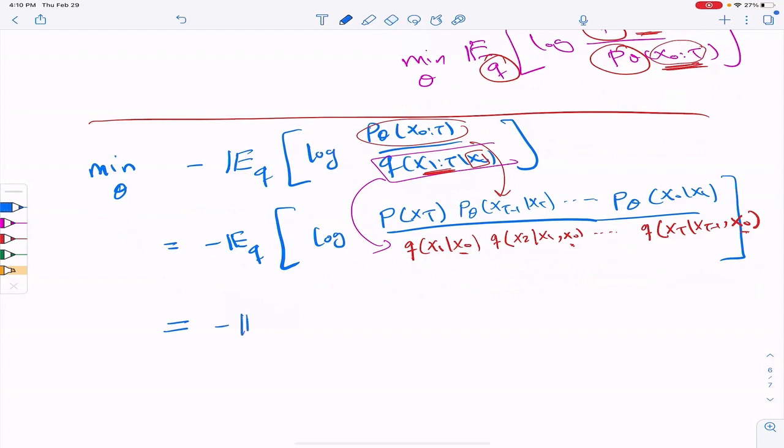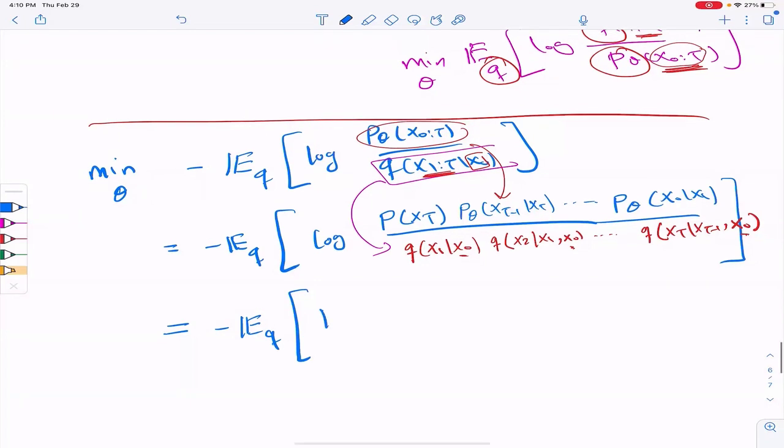So I have the minus expectation over Q. I'm going to keep p of xT here, and I'm going to have the last term, p theta of x0 given x1.